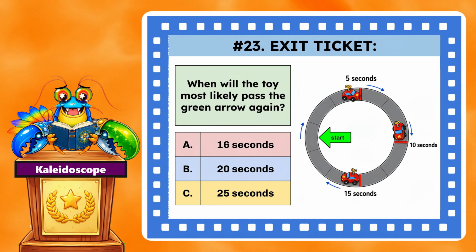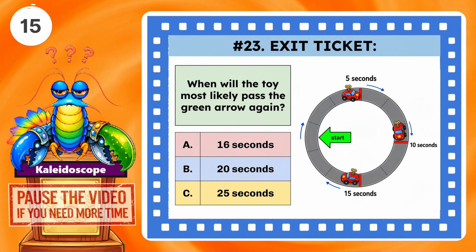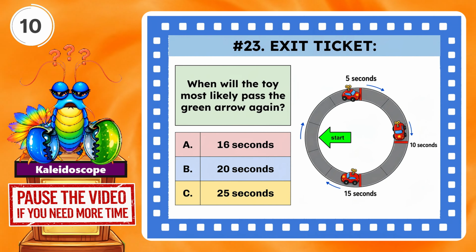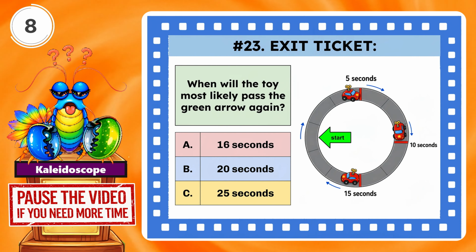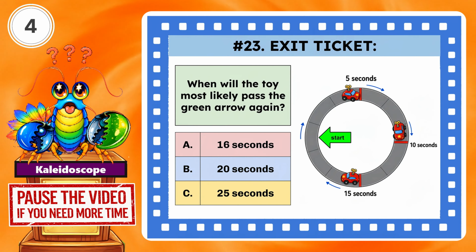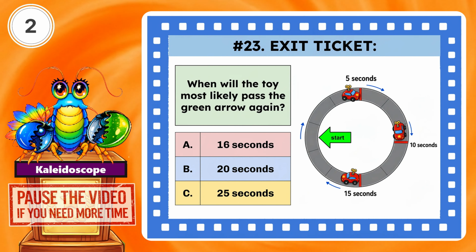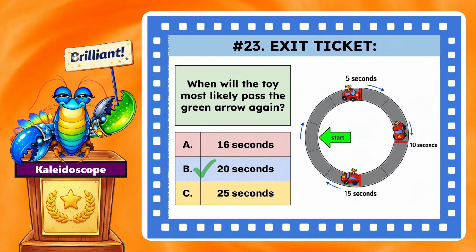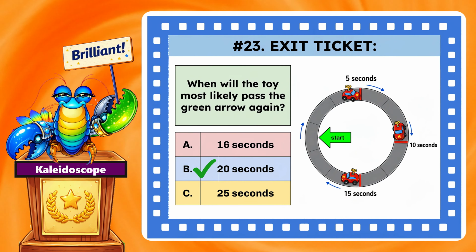When will the toy most likely pass the green arrow again? And the correct answer is letter B, 20 seconds.